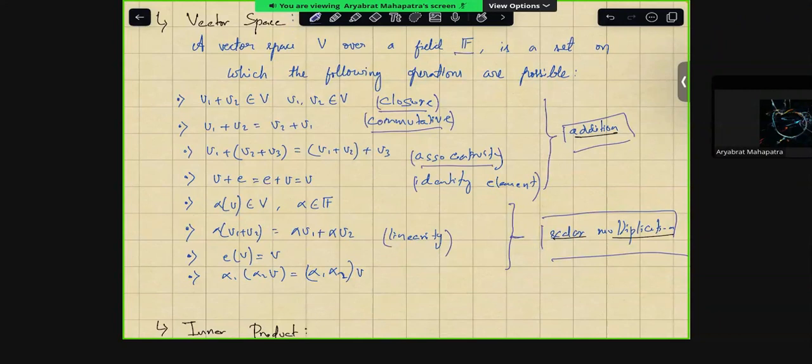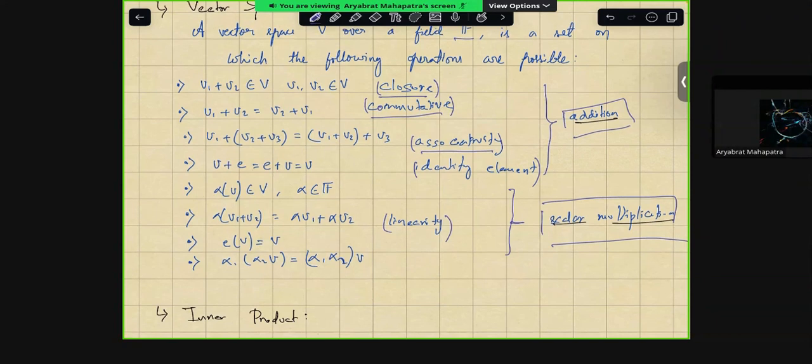Then you have the identity element. For any vector space, there has to be an identity element such that when you operate it with any element of your vector space, it reproduces that element back. The identity element itself is one of the elements of your vector space, but the key feature is that when you operate an element v with your identity element, it gives you v.